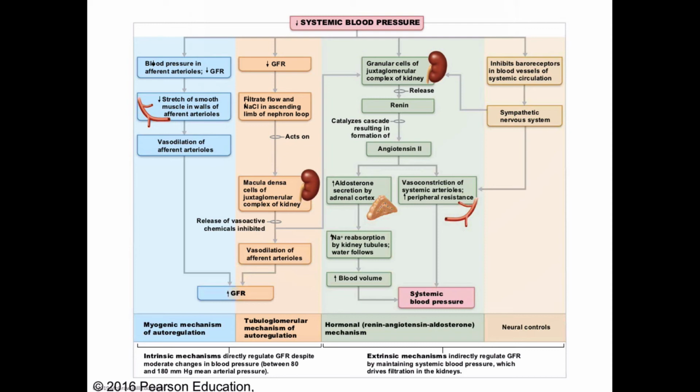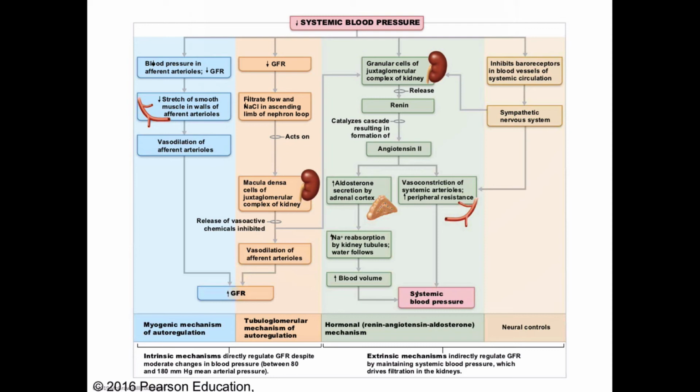As soon as that occurs, that enzyme renin would then convert angiotensinogen into angiotensin 1. This is in response to our renal baroreceptors, to the resulting drop in blood pressure or blood volume, or a decrease in sodium.